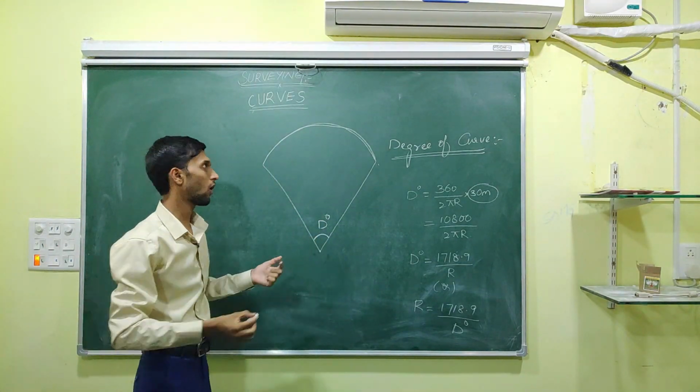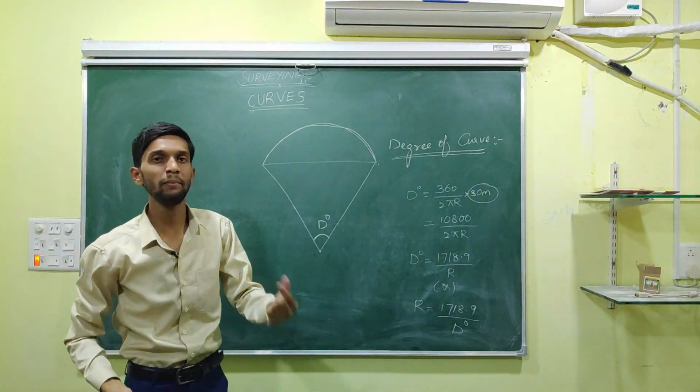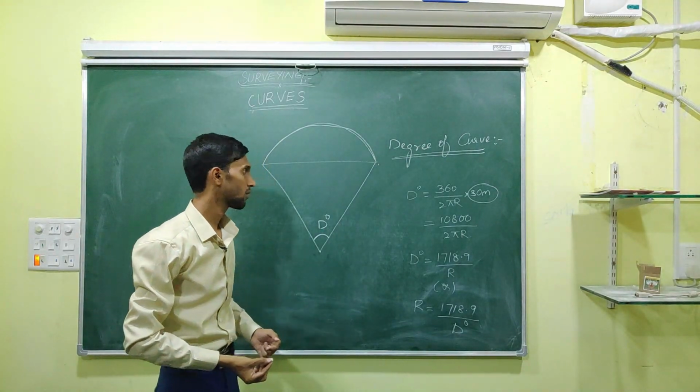If we are taking a chord of 30 meters length, that is called a fixed length of the chord.